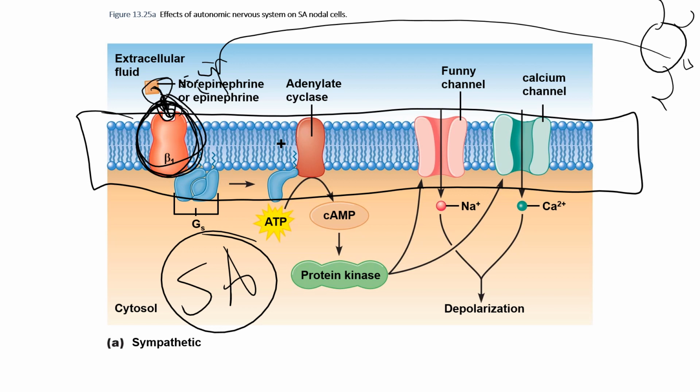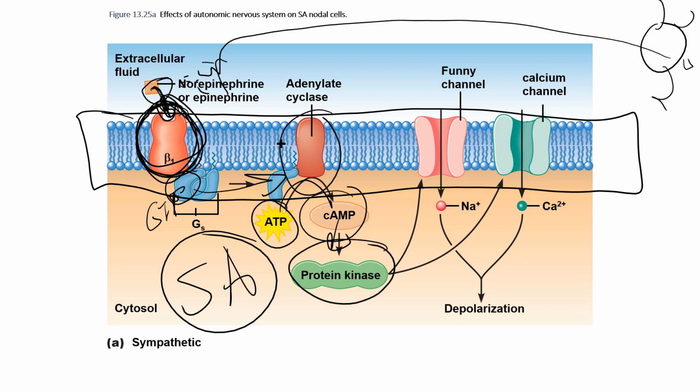So when norepinephrine binds to the adrenergic receptor, look at here. Here on the inside, there are the different subunits. The alpha subunit will swap out GDP for GTP. Then the alpha subunit will dissociate away from the beta and the gamma, travel along the intracellular side of the membrane, activate adenylate cyclase, which will start converting ATP into cyclic AMP. Cyclic AMP is the second messenger of the G protein pathway, and then it will start activating protein kinase A, oftentimes abbreviated PKA, protein kinase A.